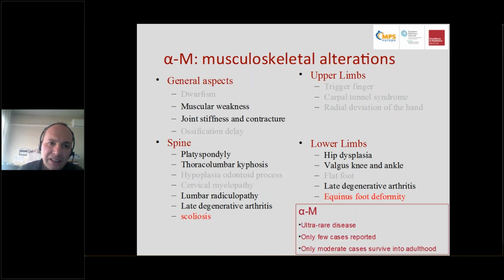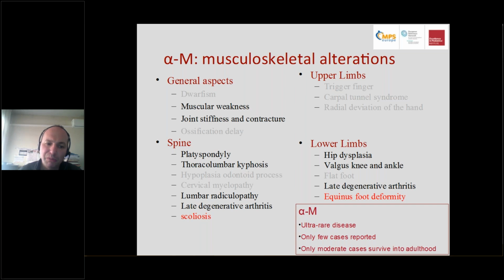Often we say that alpha-mannosidosis is very similar to mucopolysaccharidosis, but if we go deeply into the literature, we find no report about dwarfism. They almost have normal stature. We found no report about ossification delay. We find the muscular weakness, yes, and we find the stiffness and the contracture.